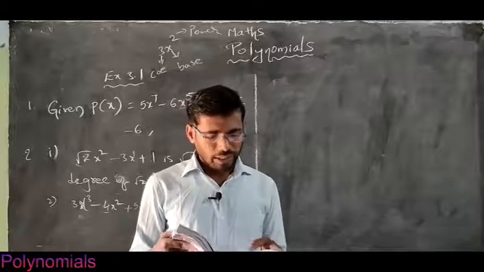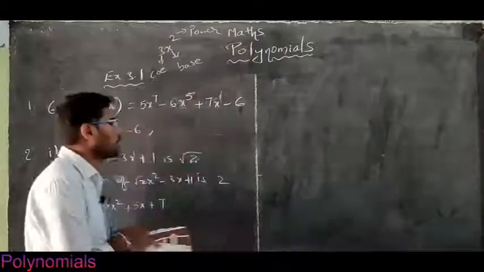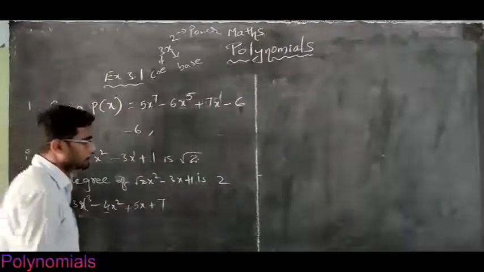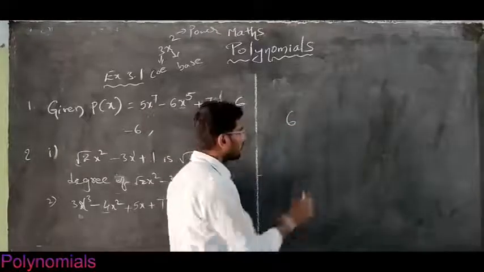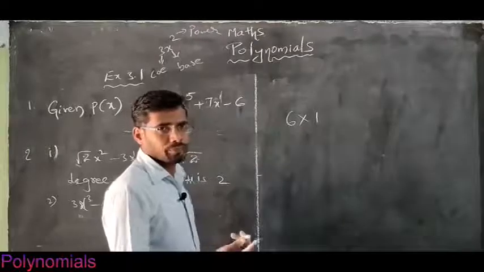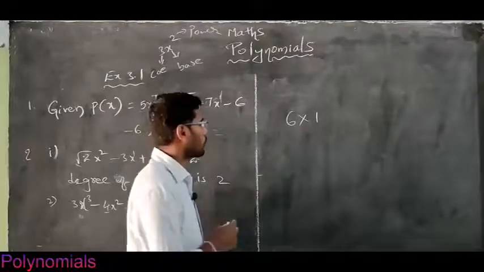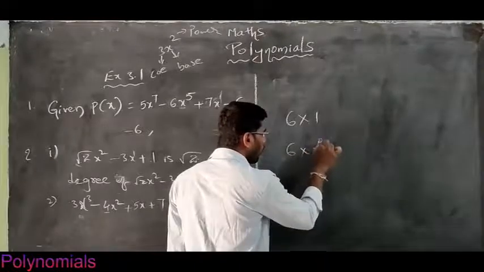That is, the degree of a constant term is 0. Whatever constant term you take, suppose I am taking one constant number, 6. This 6 I can write as 6 into 1. 6 into 1, how much will you get? You will get 6 only. This 1 I can write as x to the power of 0.